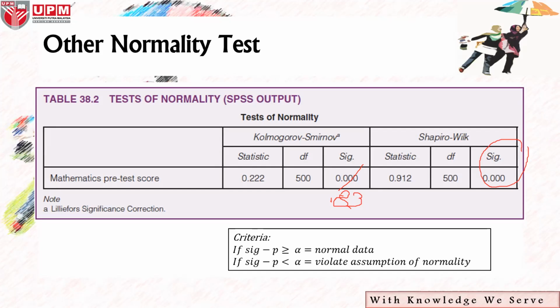But if we refer to the Kolmogorov-Smirnov and Shapiro-Wilk statistic, we refer to the significant value, in which we compare the significant value against alpha. If the significant value is larger than or equal to alpha 0.05 or 0.01, our data met the assumption of normality. If the significant value is lesser than alpha 0.05 or 0.01, we can say that our data violate the assumption of normality. Okay, any questions so far?